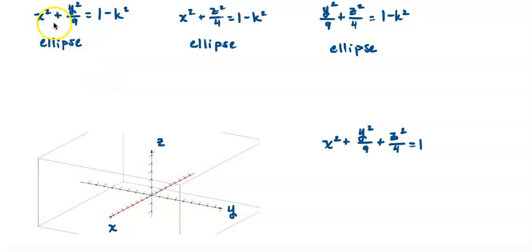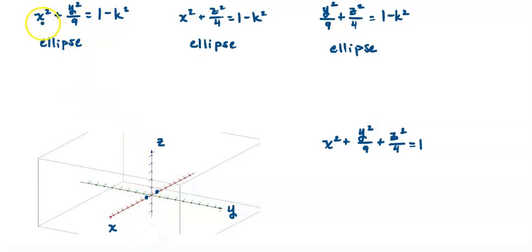I can find out where this intersects the x-axis by plugging in a 0 for y. I see that this intersects the x-axis at 1. It's going to be very small. So here and here.